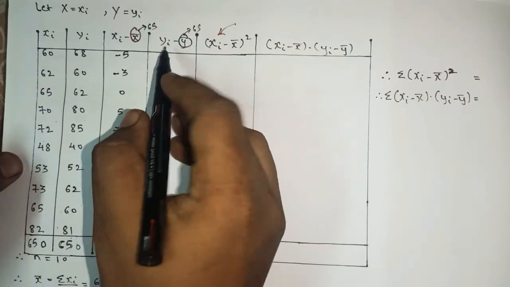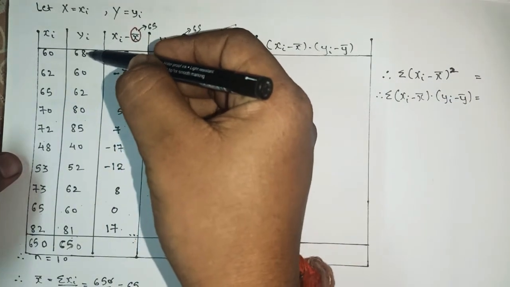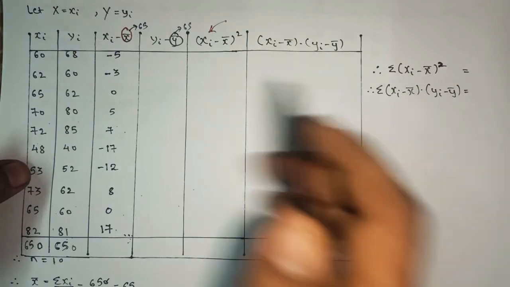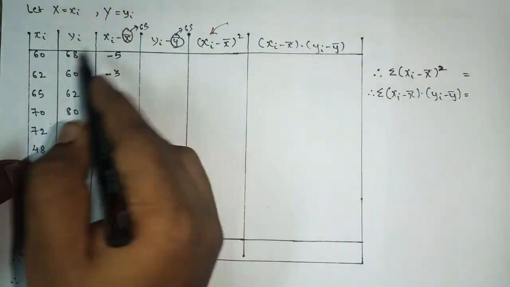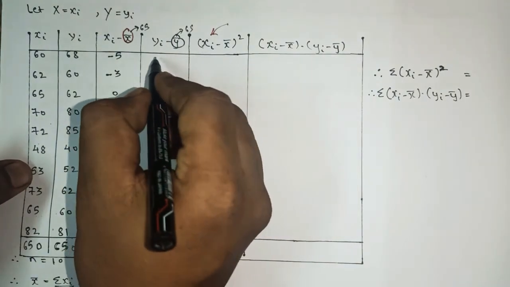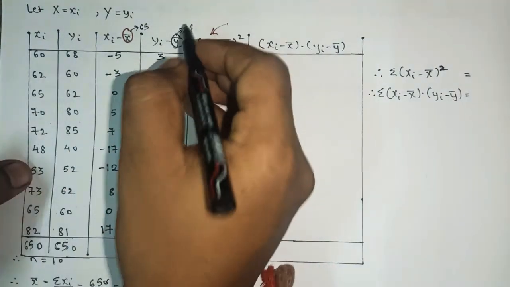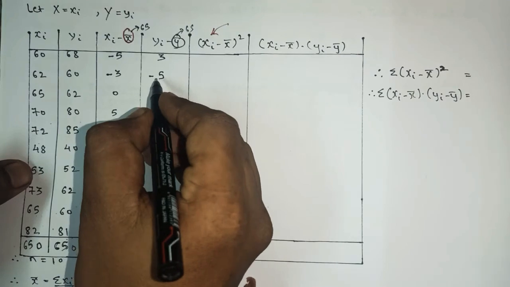Okay, now we'll check the fourth column. Now we have to subtract y mean, that is 65, from each and every yi. So 68 minus 65 is 3. 60 minus 65 is minus 5.